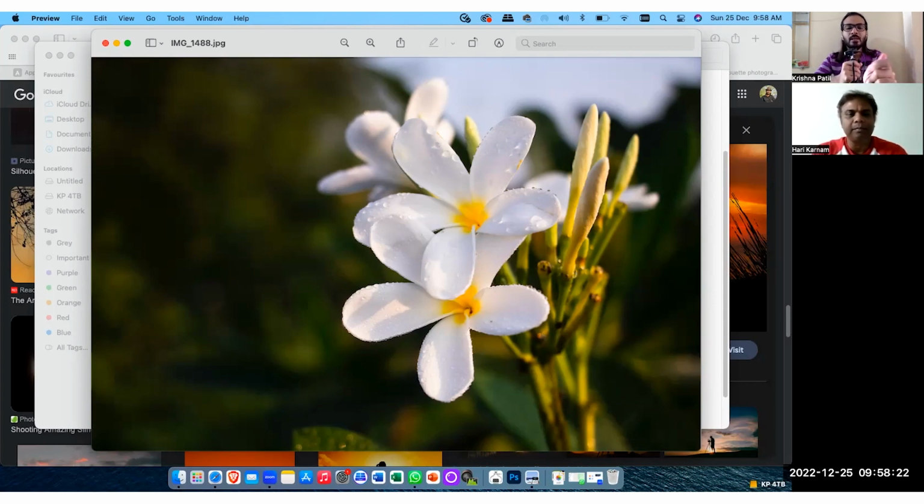So the first thing, I was using a crop sensor camera with the 18-135 mm lens.